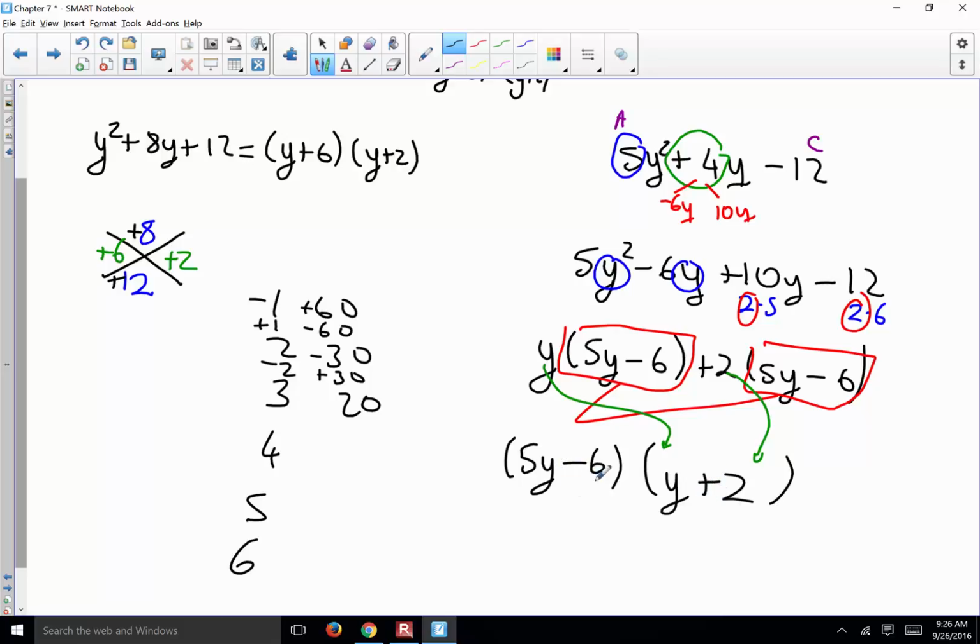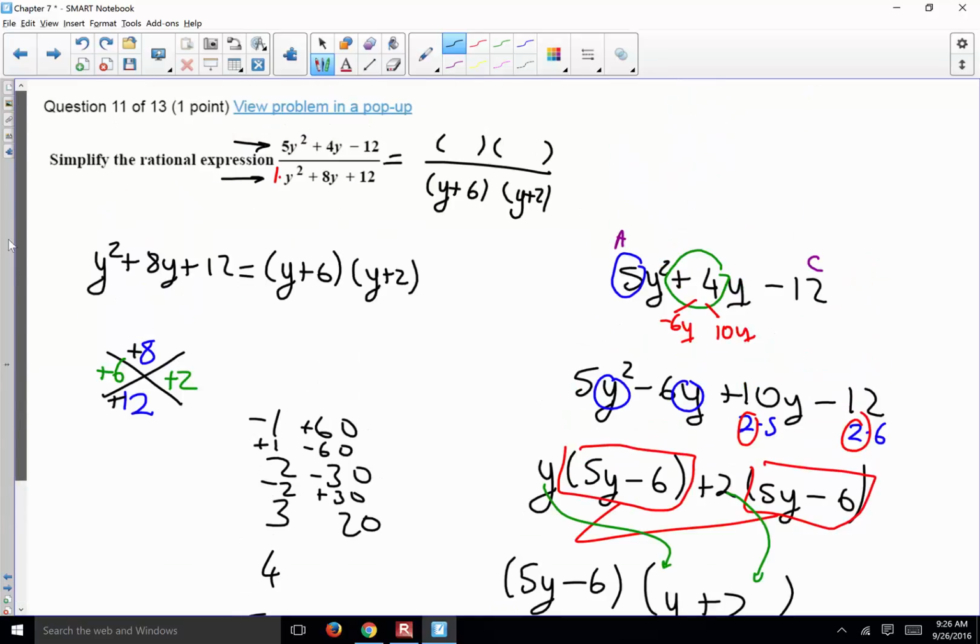Look, multiply minus 6 and 2, minus 12. Multiply the outside inside terms, positive 4. Yes, that's the pair we were looking for. So, top is now 5y minus 6y plus 2.